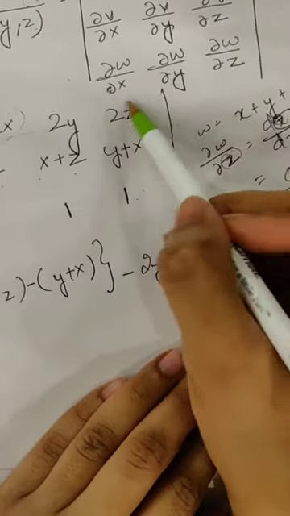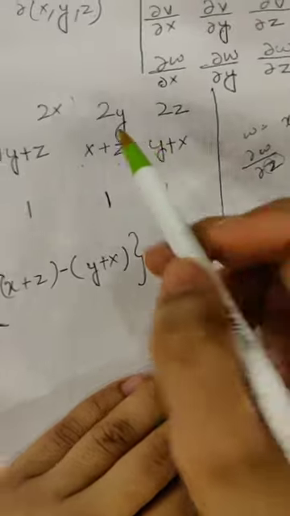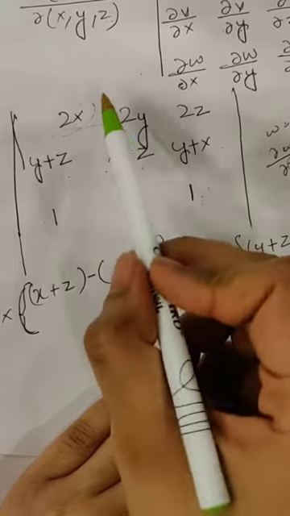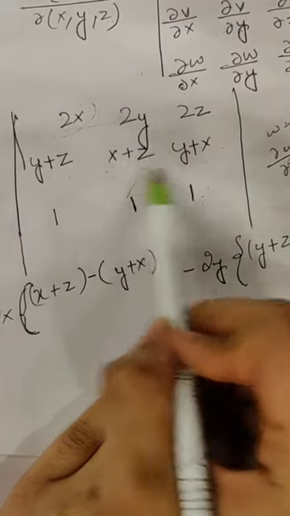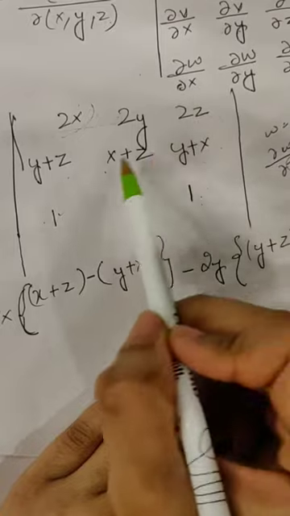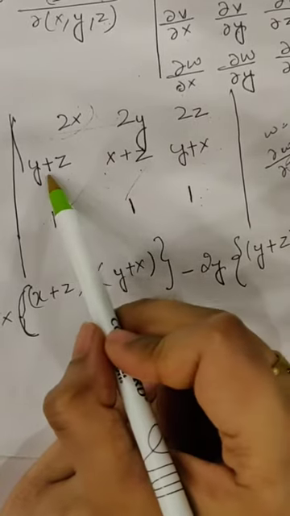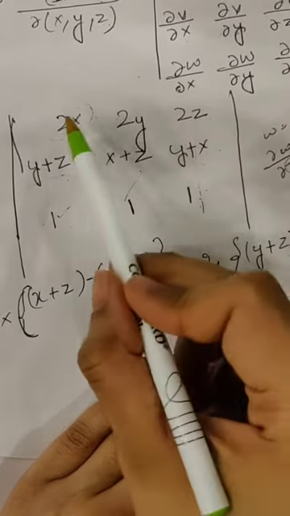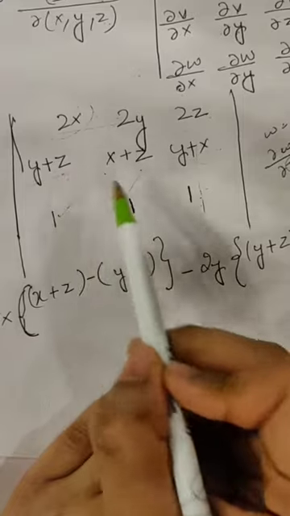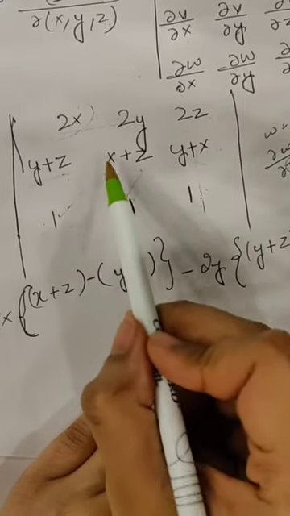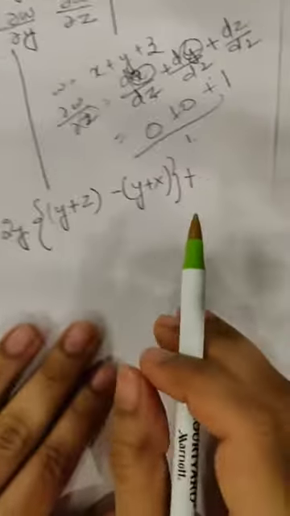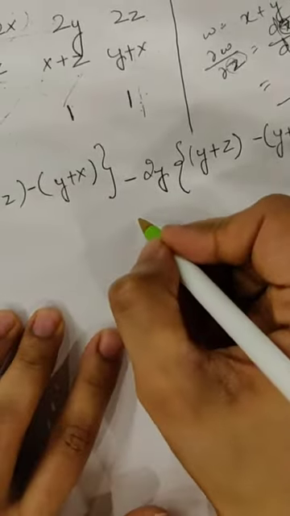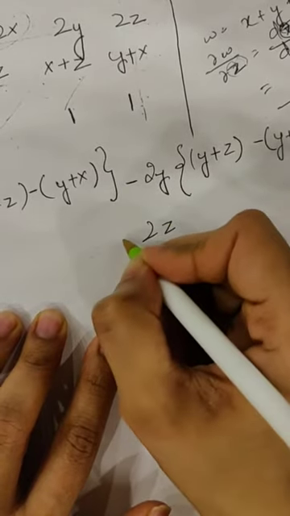Now the third thing would be plus 2z. So I hope you know this rule: this term, then cross multiplication of this term, minus second term, then cross multiplication of these, and plus third term, cross multiplication of these. Now when I'm cancelling this column and this row, it would be y plus z into 1 minus x plus z into 1. So the third term was 2z, I'm writing it here, plus 2z.